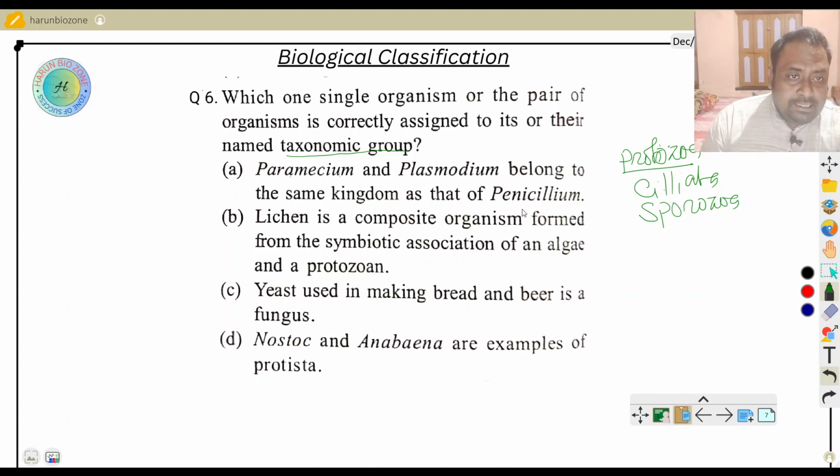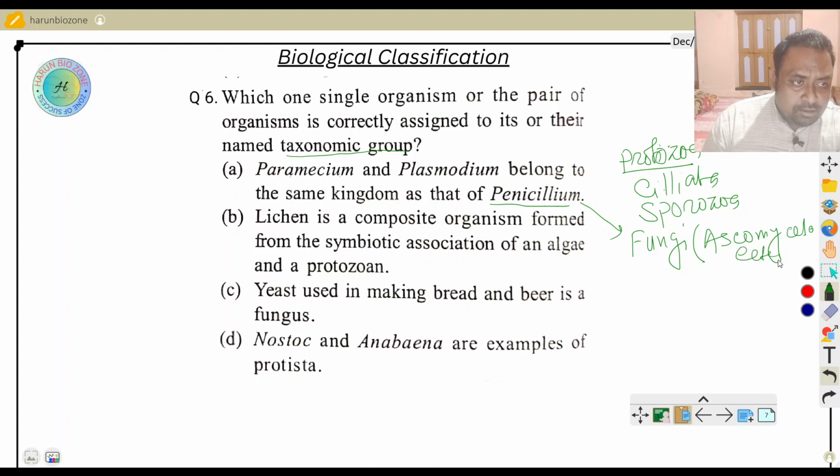Same kingdom as that of Penicillium? No, Penicillium belongs to the kingdom Fungi, especially Ascomycetes. So this is the wrong answer, because Paramecium and Plasmodium belong to the kingdom Protista, but Penicillium belongs to the kingdom Fungi.